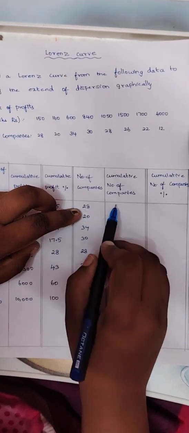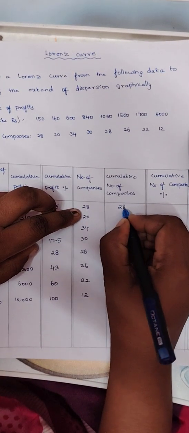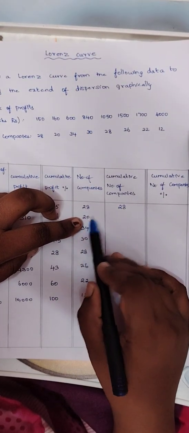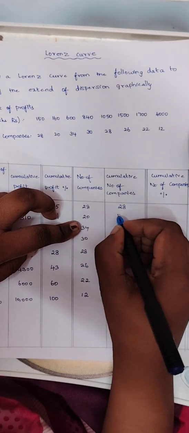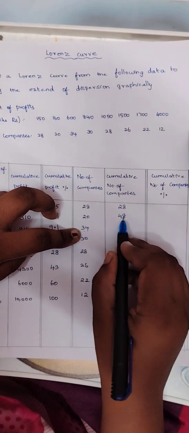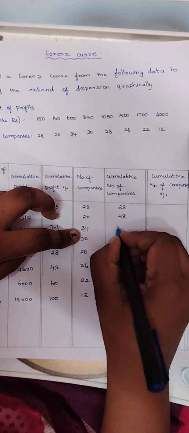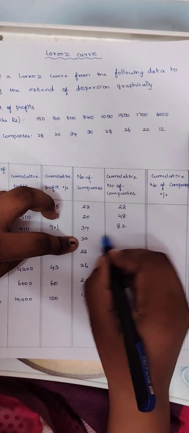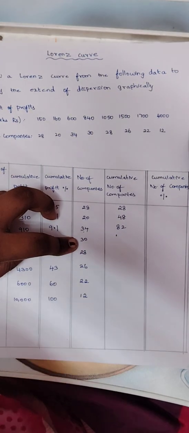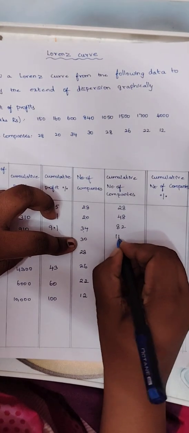So the first term will be written as it is. So the 28 will be written as it is. To find the next term, I'll add both the terms 20 and 28. So 20 and 28, if we add, it is 48. Next, if we add 34 plus 48, it is 82. And next, if we add 82 plus 30, it is 112.